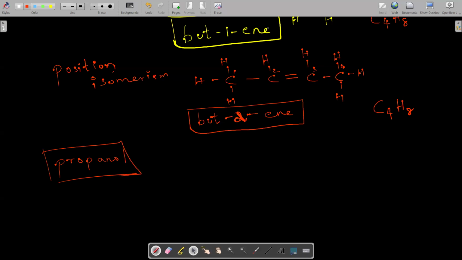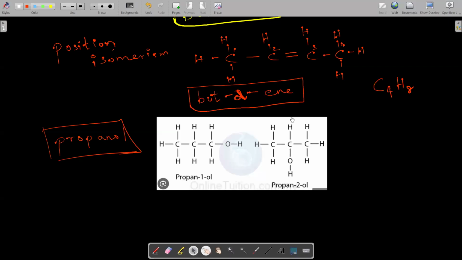Pause the video right now and try doing it on your own. Hope your structures were these. Propan-1-ol and propan-2-ol are isomers of each other.